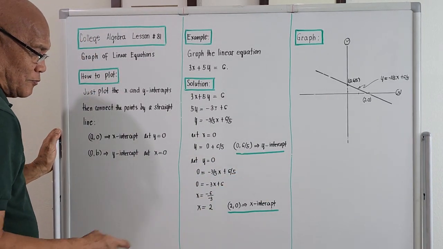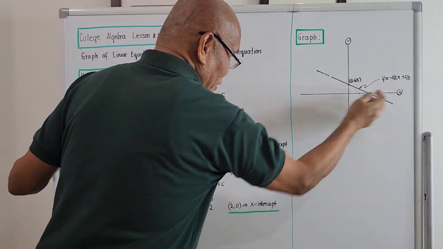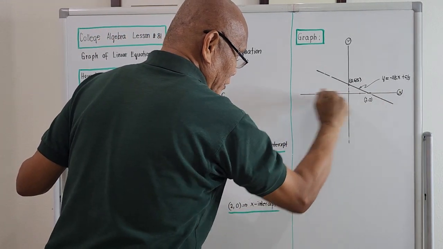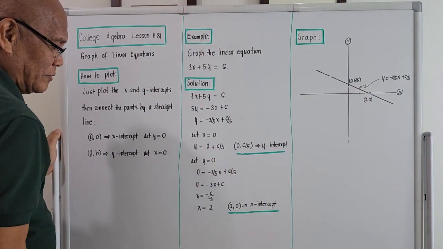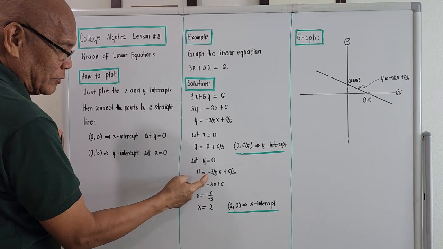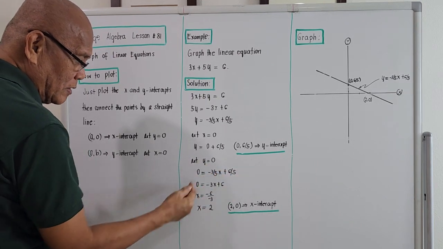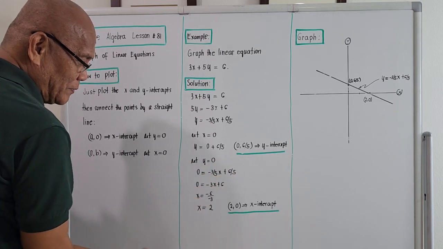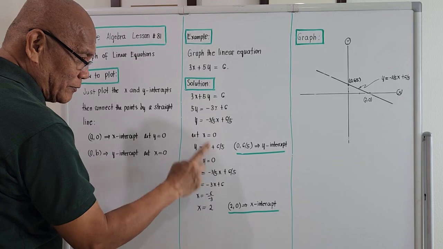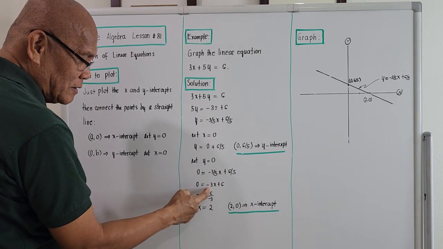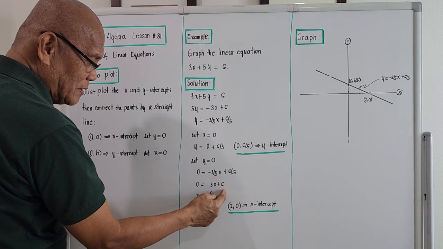For the x-intercept, we will set y equal to 0. For a point to lie on the x-axis, the ordinate should be 0. So we set y equal to 0. 0 will be equal to negative 3 over 5 times x plus 6 over 5. Multiplying all terms by 5, 5 times 0 will be 0. Negative 3 over 5 times 5 will be negative 3x. 6 over 5 times 5 will simply be 6.